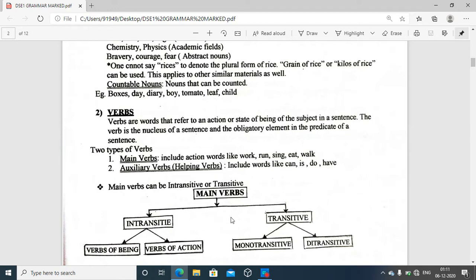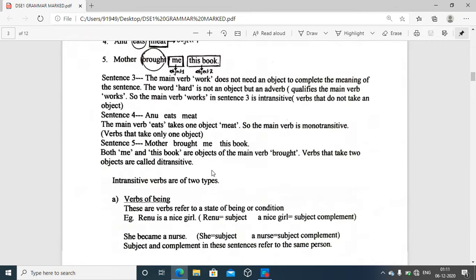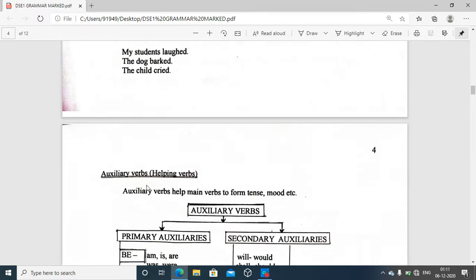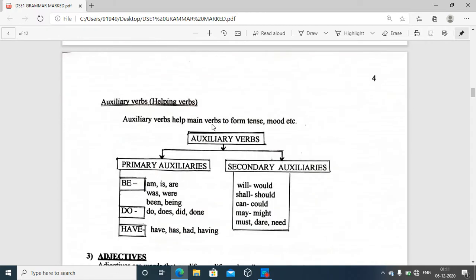Then the second main division. Under main verbs, we have all the subdivisions and descriptions given. And auxiliary verbs, I told you, are helping verbs. From the very alternative name itself, we can understand.